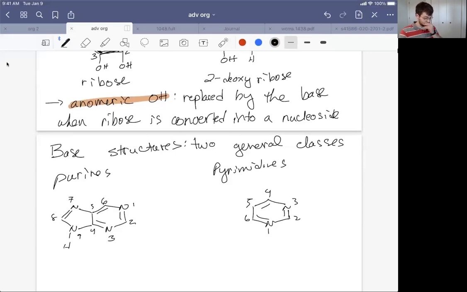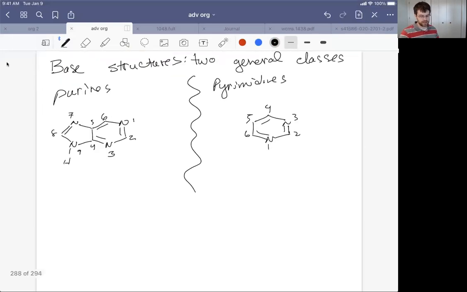Okay. Now, as I'm sure you're aware, as we look at A, T, G, and C, none of those just stand for pyrimidine or purine, right? That wouldn't be super helpful. So instead, there's different variants of these. So let's look at the actual bases.